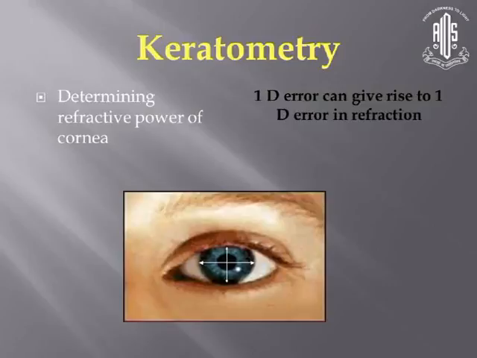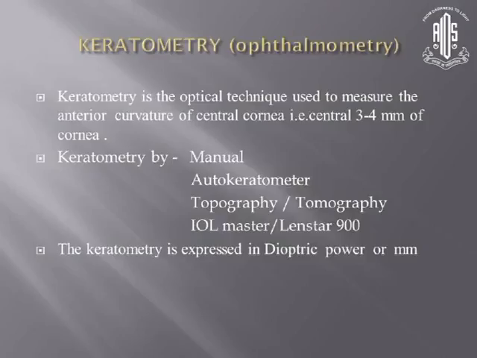Let us go into details of most of them and try to find out why we are all actually worried about keratometry. We all know that a diopter of error in measuring the power of the cornea will translate to a diopter of error in refraction. It is basically measuring mainly the anterior curvature of the central cornea, the central 3 to 4 millimeter.